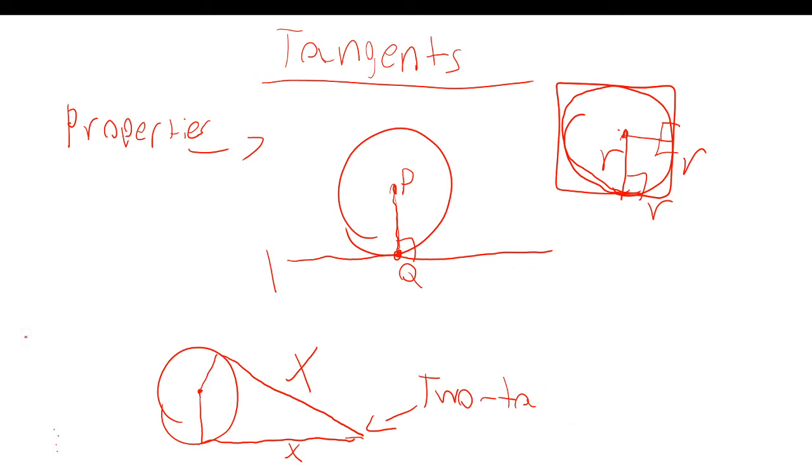If you don't know what the power of a point theorem is, then you don't need to worry about it. Two-tangent theorem. That's all you really need to know when it comes to tangents.